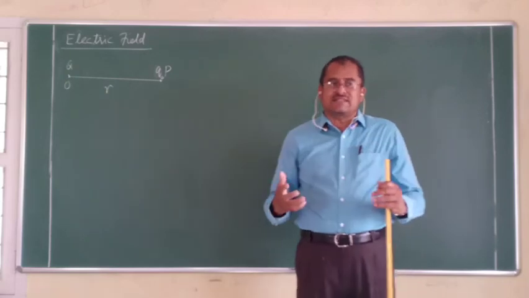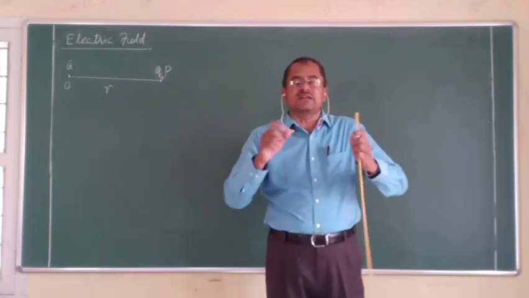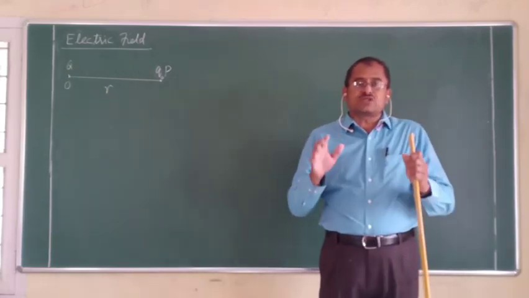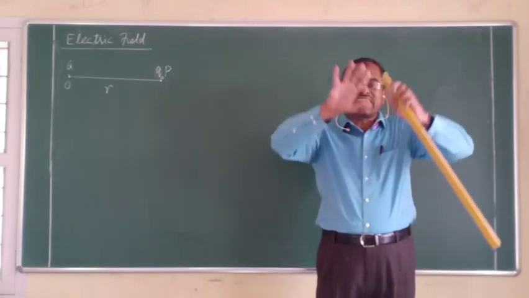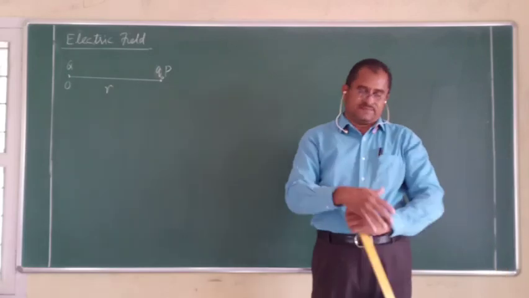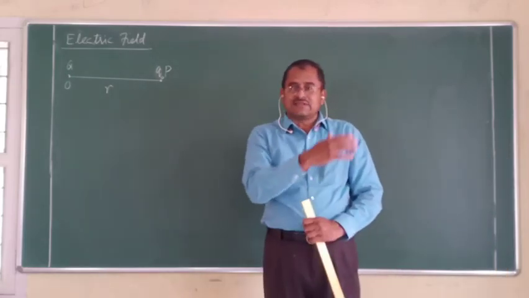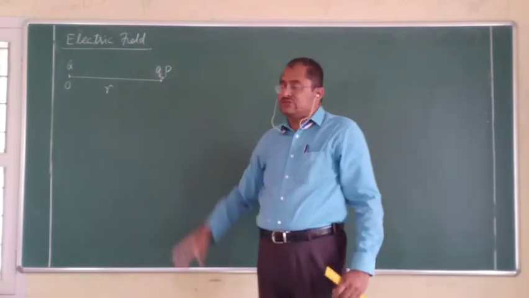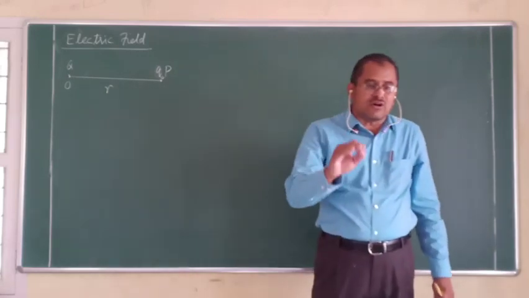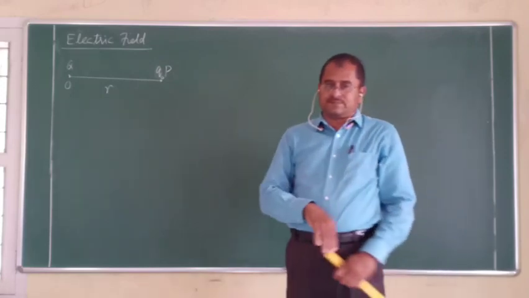What does field mean? Field is a general term which is used to signify a physical quantity which gets distributed. So this gets distributed around the charge capital Q, and therefore I call it an electric field.